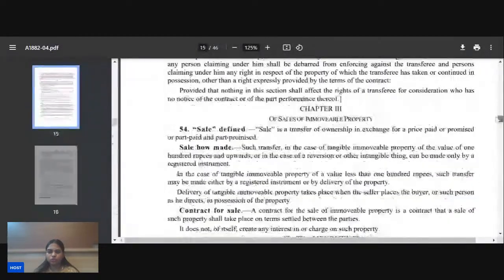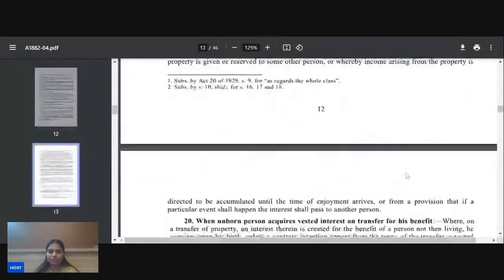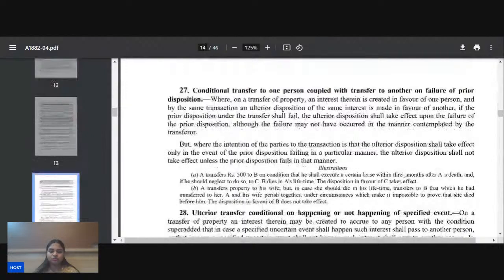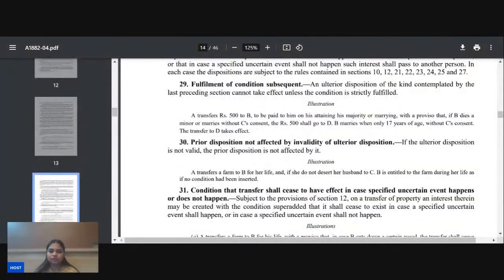So if I show you section 29 and the illustration to it, can you all see this? Same illustration, right? So it's section 29, and the transfer to D will take effect according to section 29, that is fulfillment of condition subsequent.